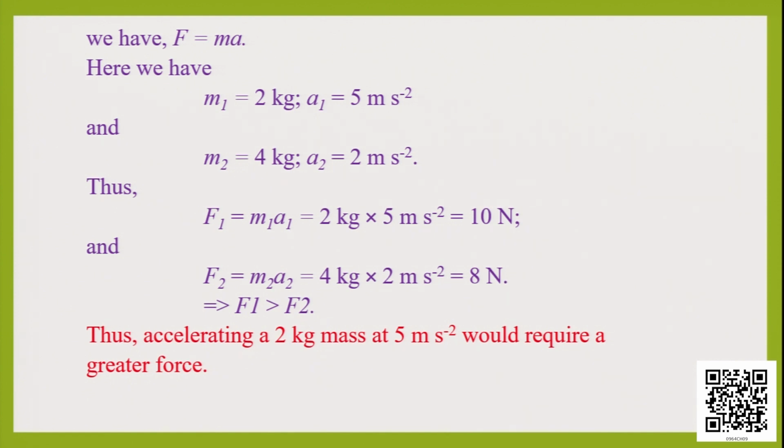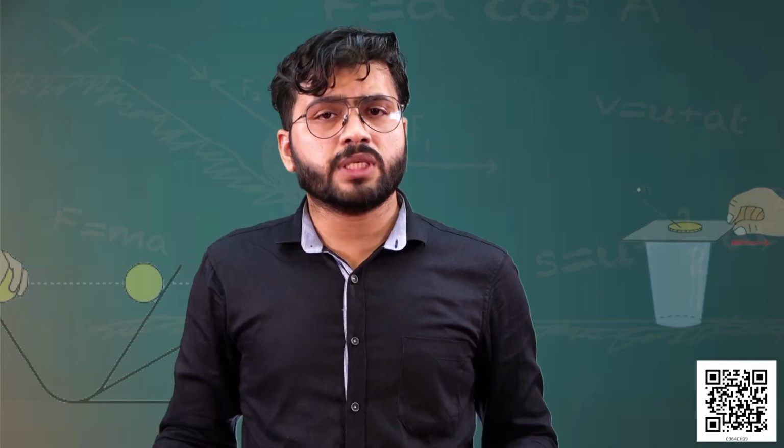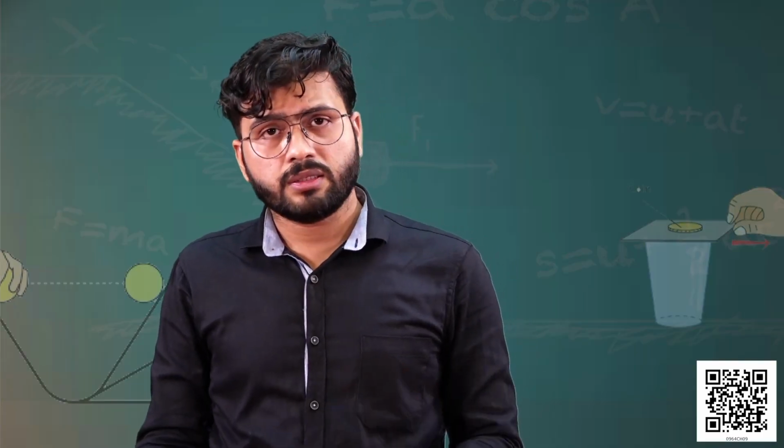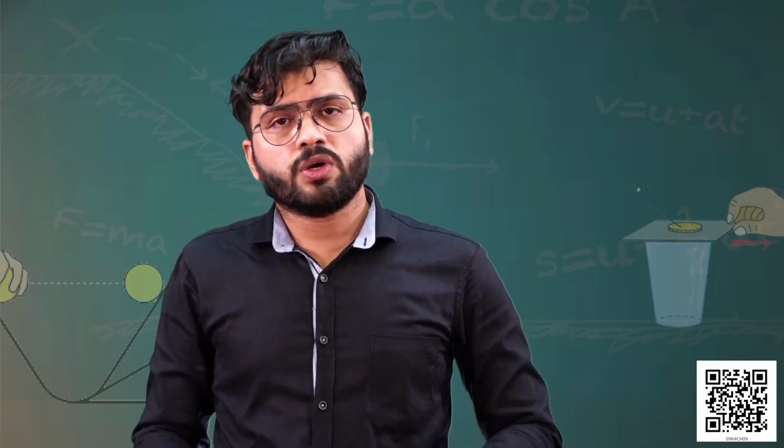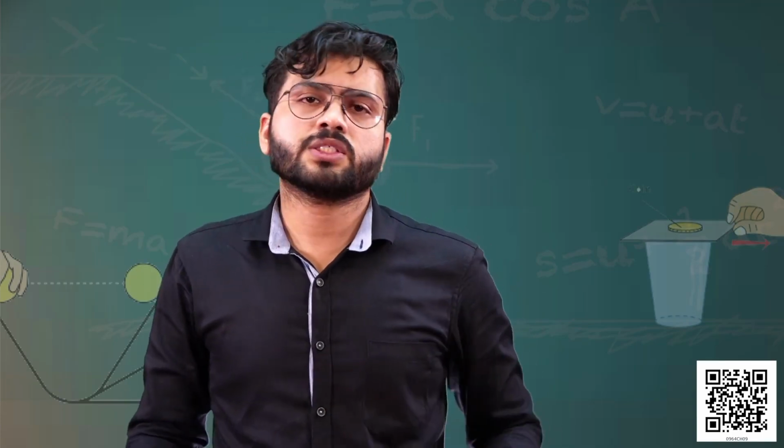So, if you compare, F1 is greater than F2. Thus, we conclude that accelerating a 2 kg mass at 5 meter per second square would require a greater force, although the second object is heavier. But here, as the rate of acceleration is more, the force required is more.